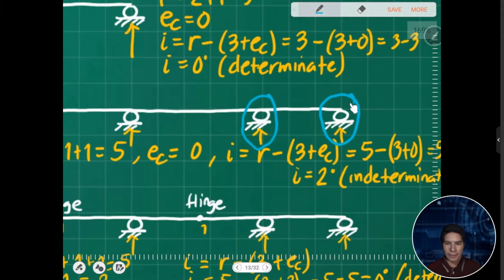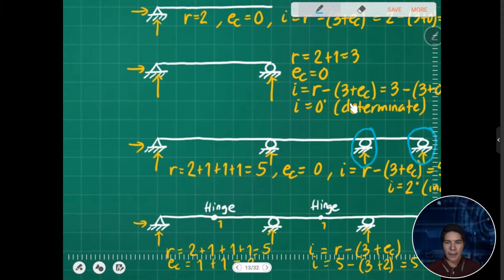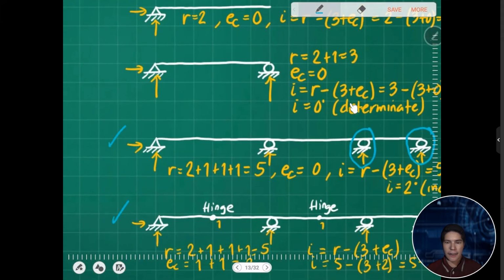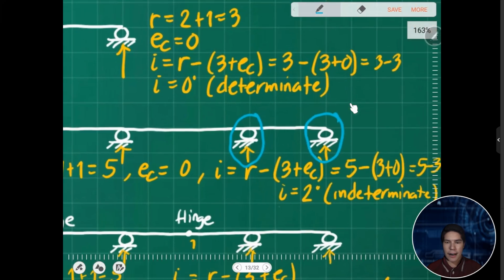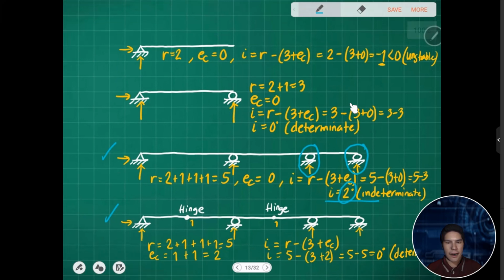So as you observe here, this structure and this structure are the same. The last structure is just that we have added additional internal hinges. As you see here, we have 2 degree. So one way to look at this degree of indeterminacy is we need two internal hinges to analyze the beam using the equilibrium equations.